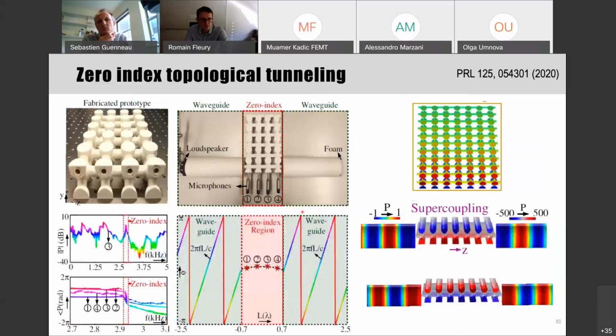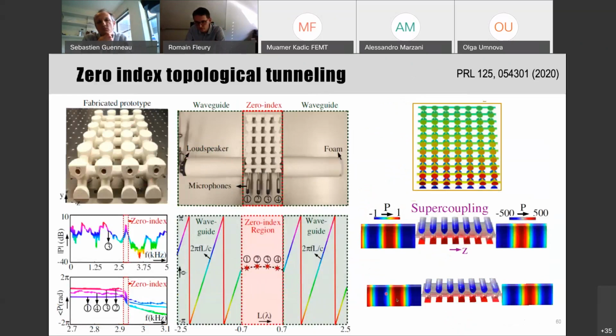So we built this semi-metal, and we did the same experiment as we did for the zero-index metamaterials. We have a waveguide, another waveguide, we have the sample and the edge of the sample, and we tried to couple this. And indeed, we could measure the near zero phase delay through the channel, and we could see a resonance transmission peak.